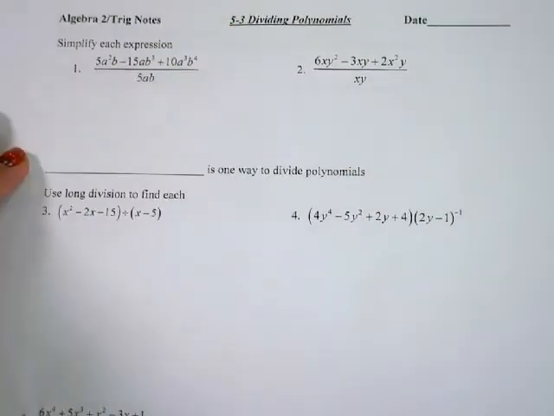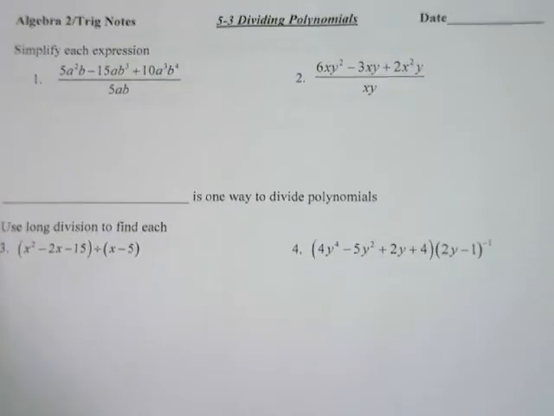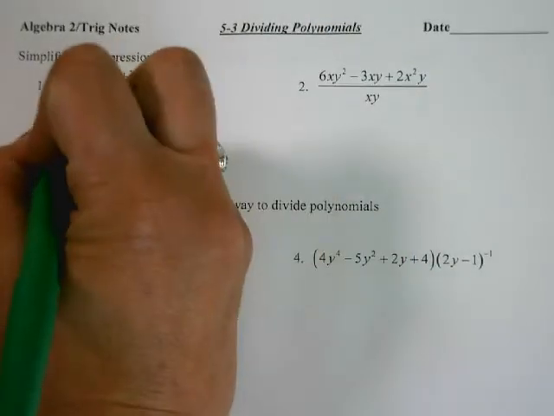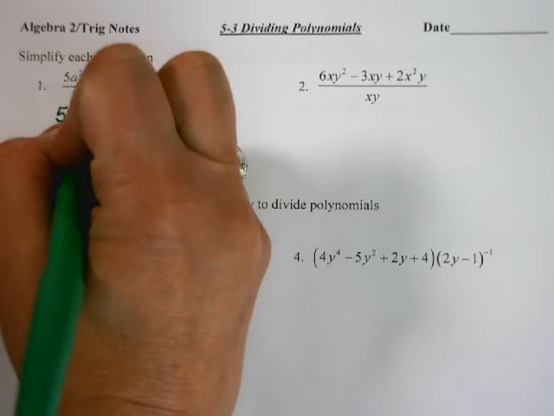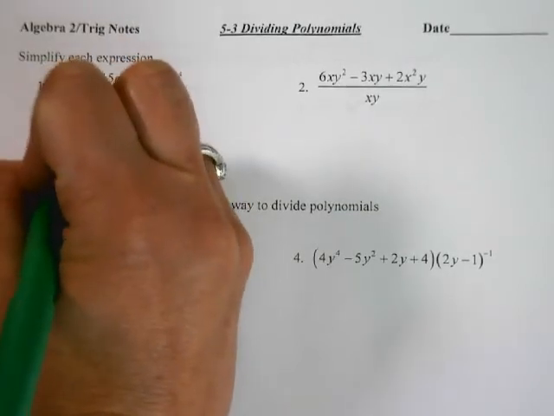So, I'm going to zoom in so we can see that better. I'm going to rewrite it and just divide each term by 5ab.